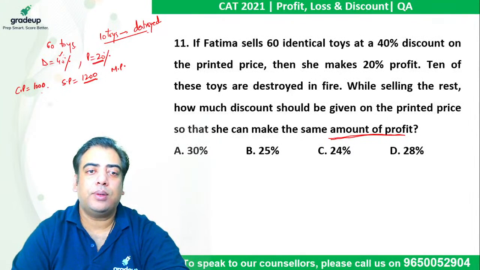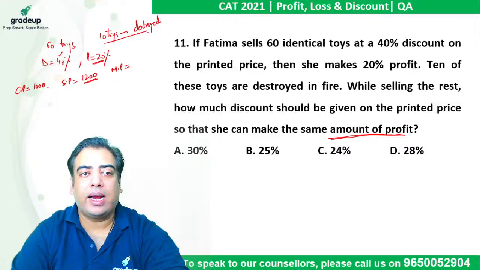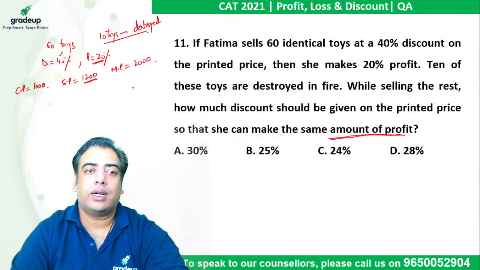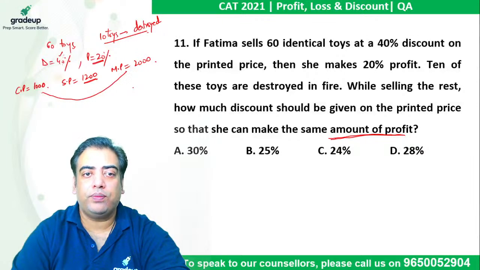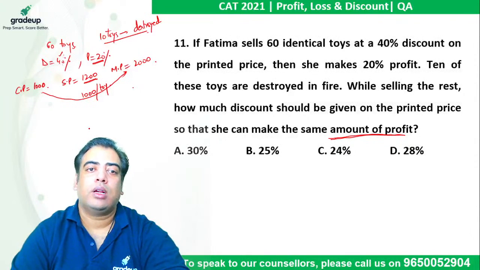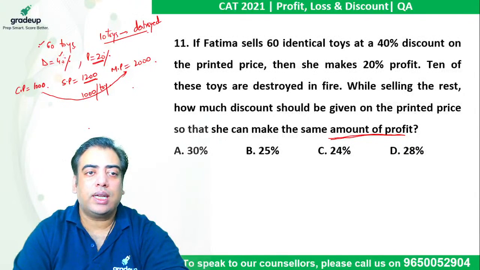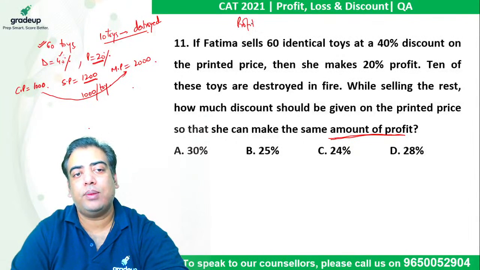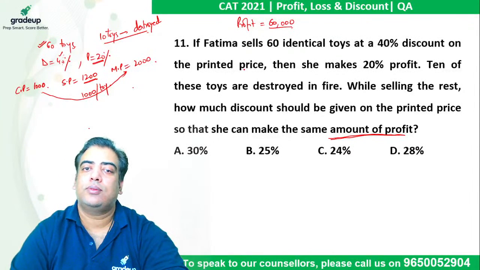So the mark price will be 1200 divided by 60%, which comes out to be 2000. So right now, if I am making a profit of rupees 1000 per toy, then when I sell 60 toys, the total profit, can I say, will be 60 into 1000, which is rupees 60,000.